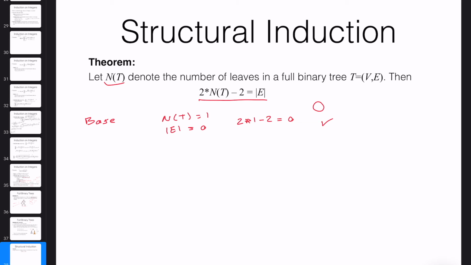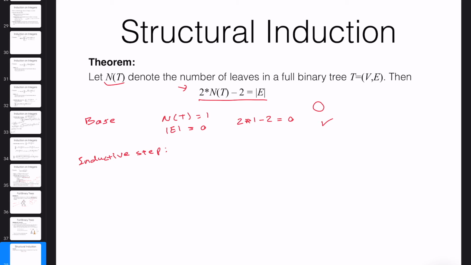The inductive step tells me that I should prove that this statement is correct. I'm assuming that this statement is correct for all smaller cases.